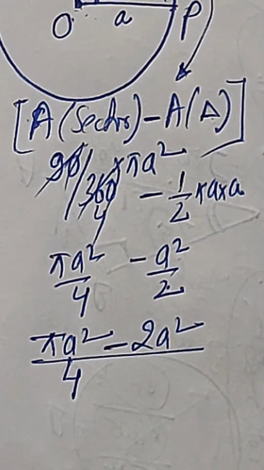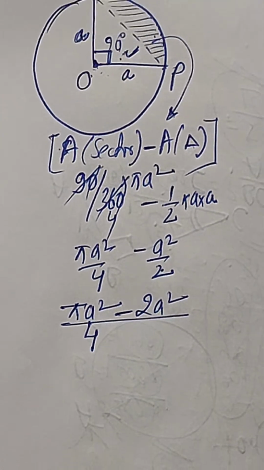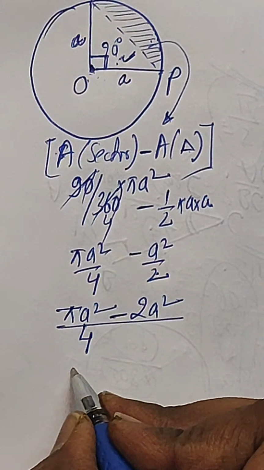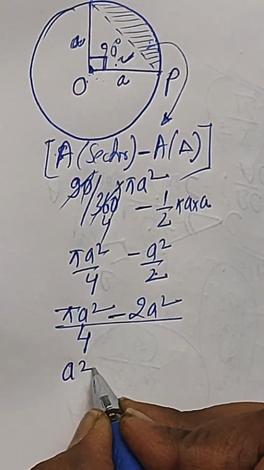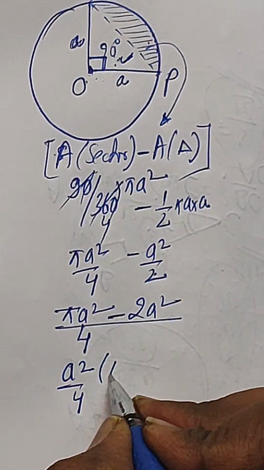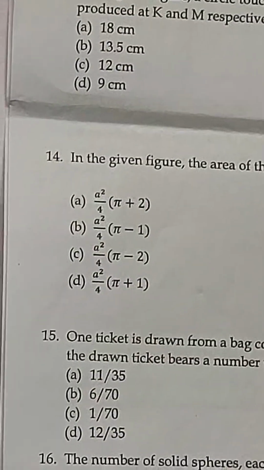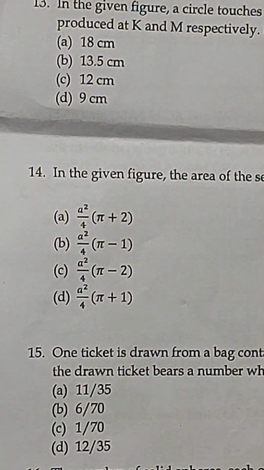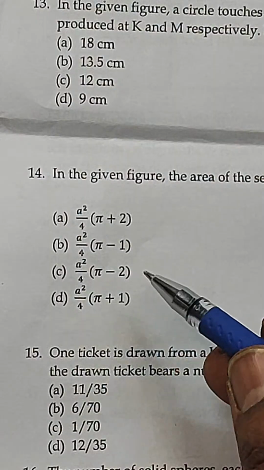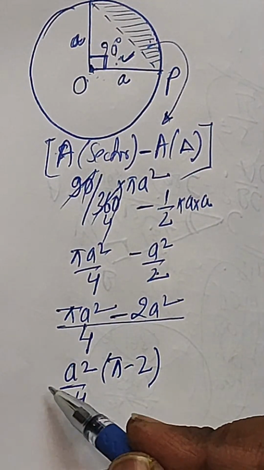So this will be giving you, when a square by 4 is taken as common, then we have pi minus 2. So which option is correct? Tell me. A square by 4 into pi minus 2, this is option number C. So option number C is correct.